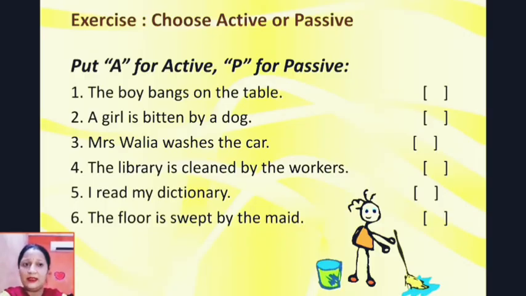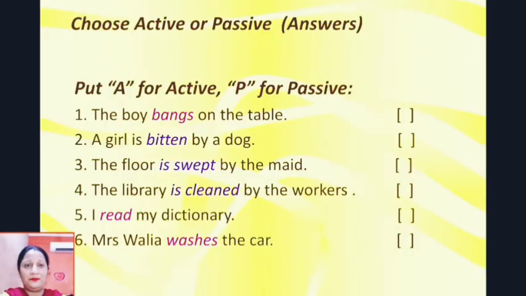Now let us see the answers. The boy bangs on the table: it is active voice. A girl is bitten by a dog: it is in passive voice.